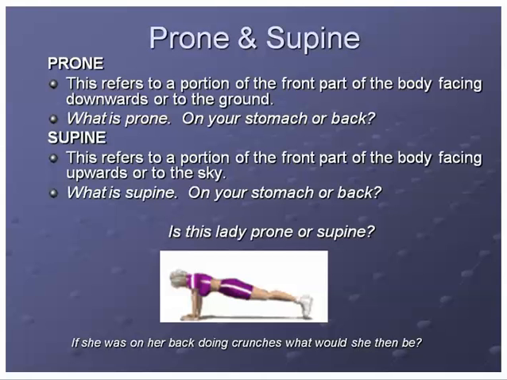Now, the opposite of that, because these things work as opposites, supine means on her back. So let's say she was getting ready to do some crunches or some sit-ups. That is supine, on her back. So prone, lying facing down, and supine, lying face up.